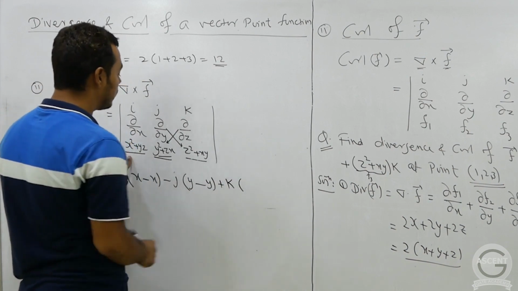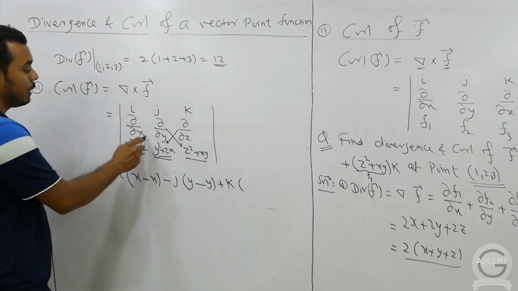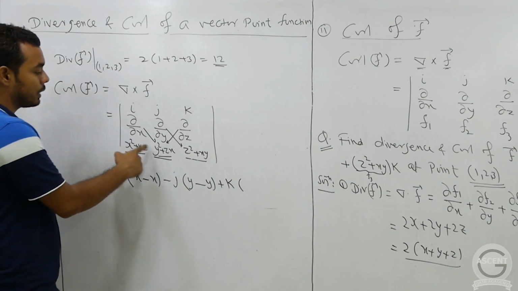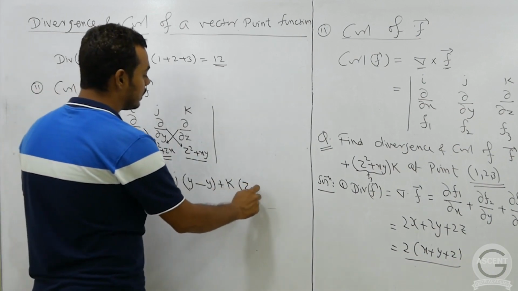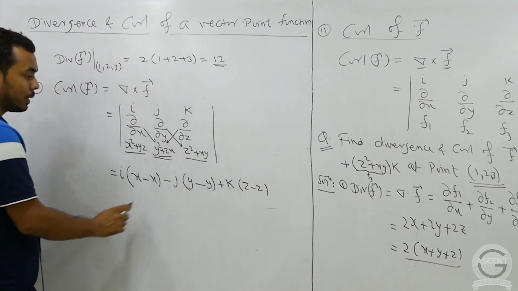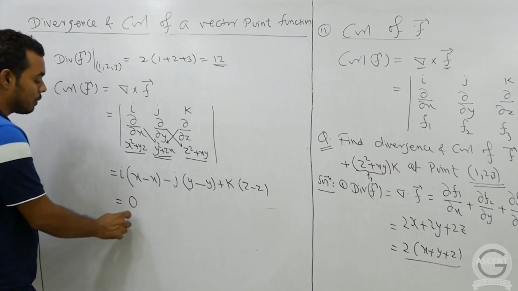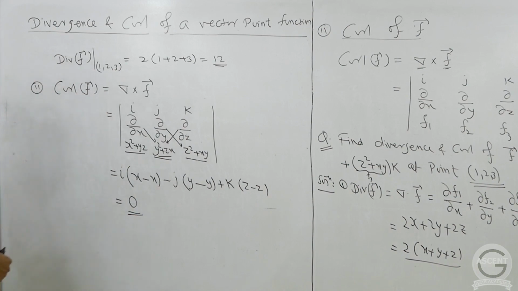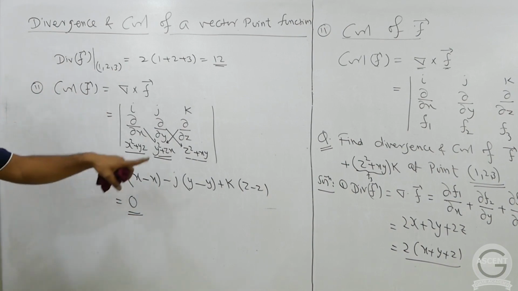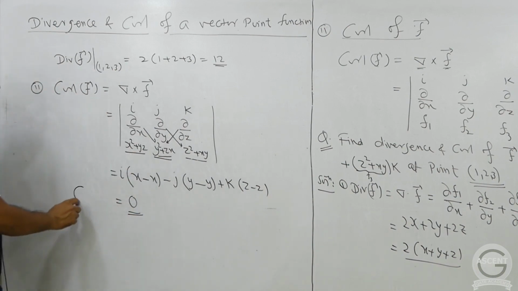And similarly for the z component, you will get derivative of these two, so this will give us z minus z. So x minus x 0, y minus y 0, z minus z 0, so finally you will get 0 here. So for the given function, curl is 0. Now curl is 0 everywhere, so at the given point also curl will be 0.